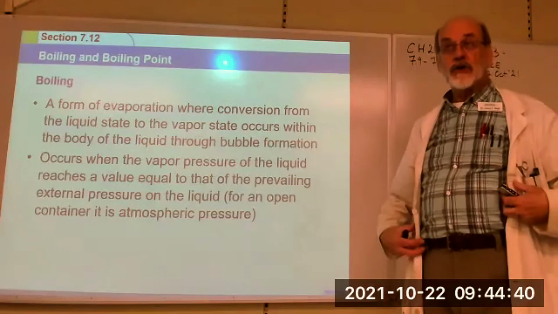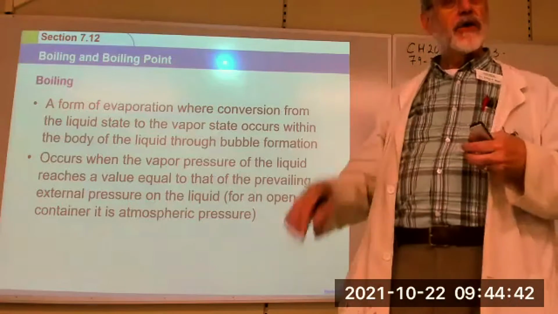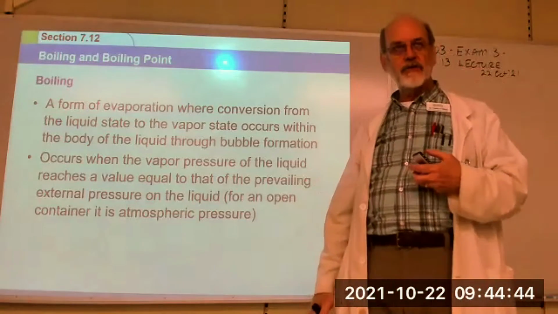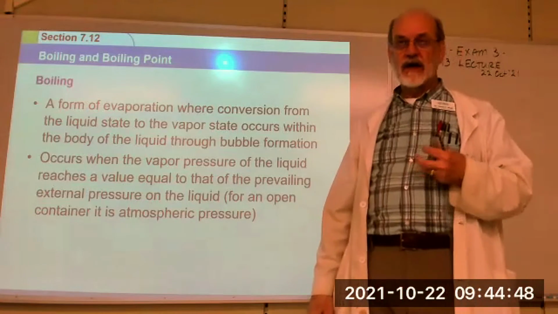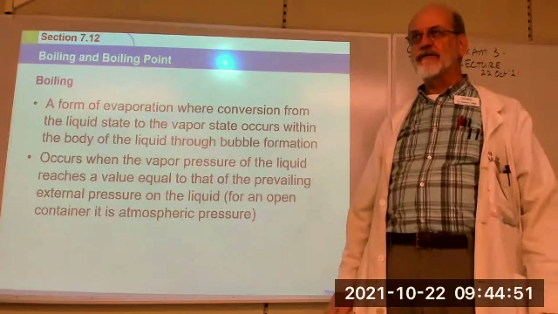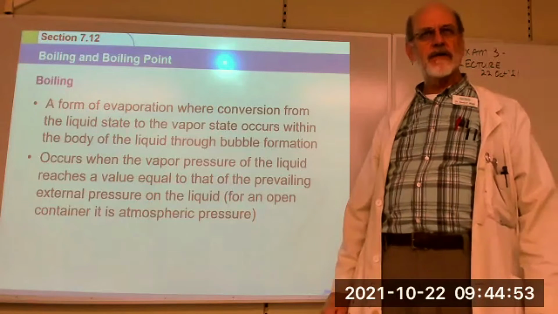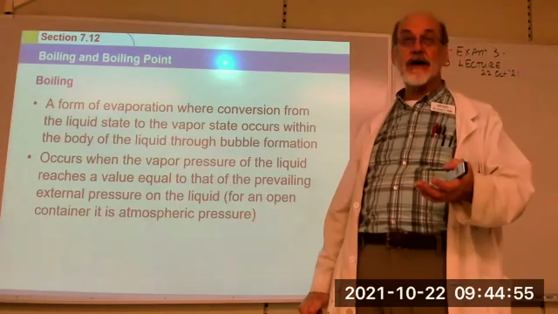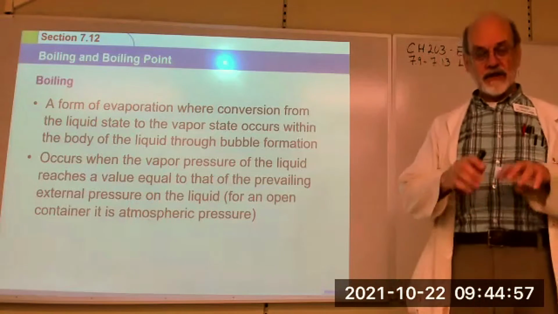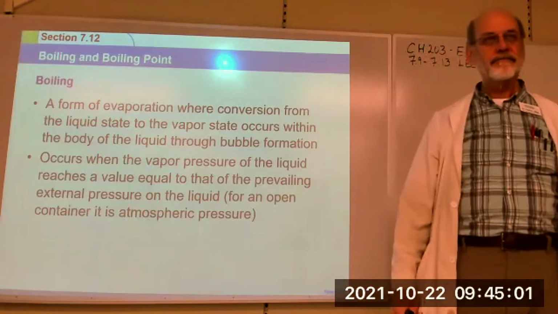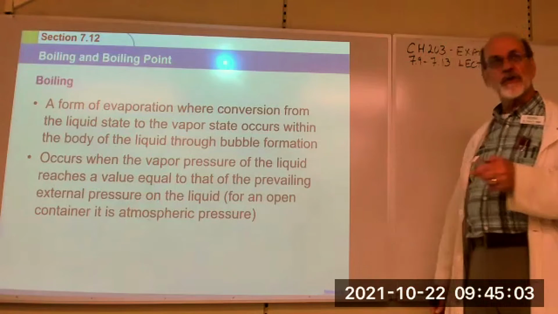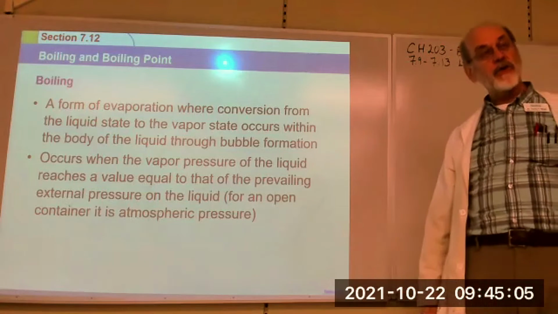So you can cook food faster, or you can guarantee that your canned food is safe, because under those conditions, 15 PSI for how long? 20 minutes, I think, is sterilization time. Then all microbes inside your containers are dead. And we do it because the boiling point increases with pressure.